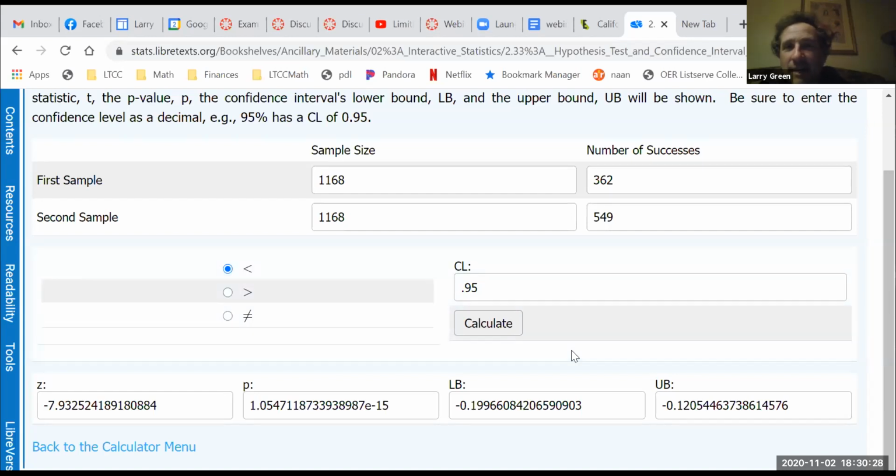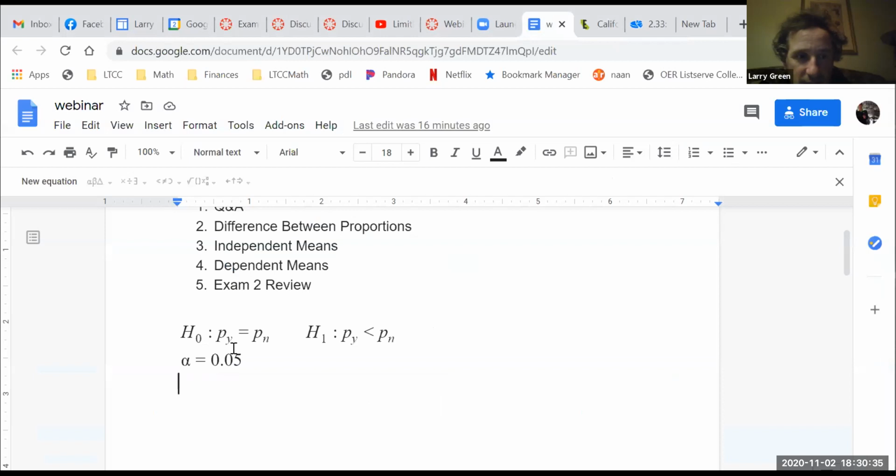All right, so let's get to the next type. We just did the confidence interval and hypothesis test for the difference between population proportions. The next is when you have the difference between independent means. First, I'm going to type a few things out here.